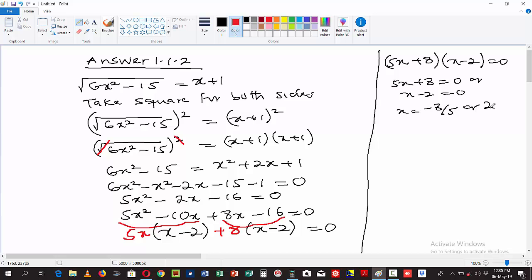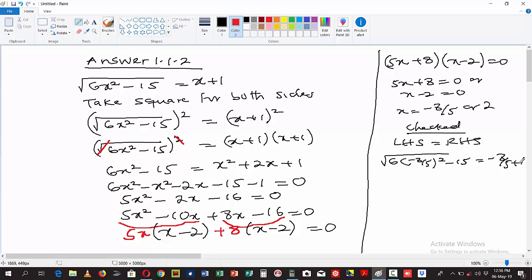What we need to do is to check. Left hand side must be equal to right hand side. So let us prove it now. 6 into minus 8 over 5 squared minus 15 equal to minus 8 over 5 plus 1.